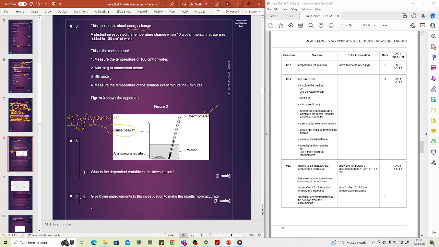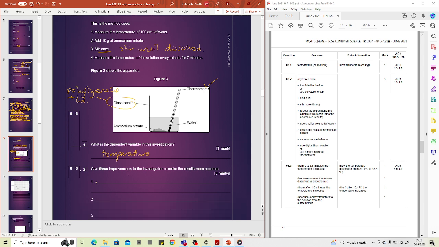Stir it once? No way. That is never going to dissolve. Okay. Measure the temperature of the solution every minute for 7 minutes. Seems okay. No, you need to stir until dissolved. Okay, and right, so the dependent variable, the thing that we're measuring is the temperature. Okay, so let's see if we have got some improvements that we can make.